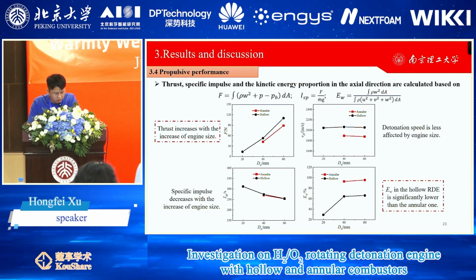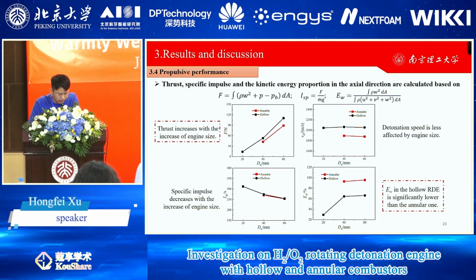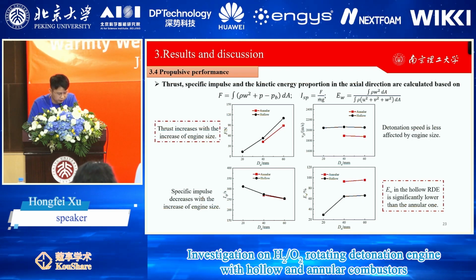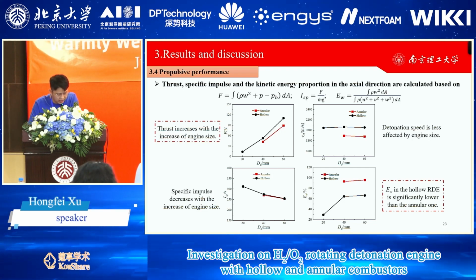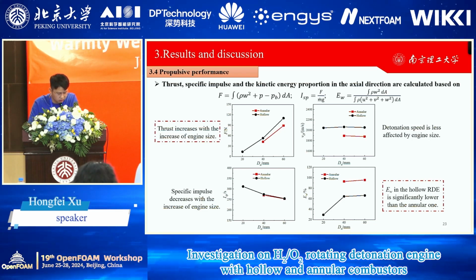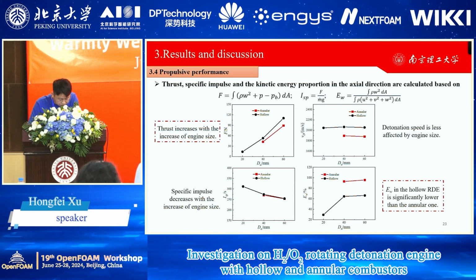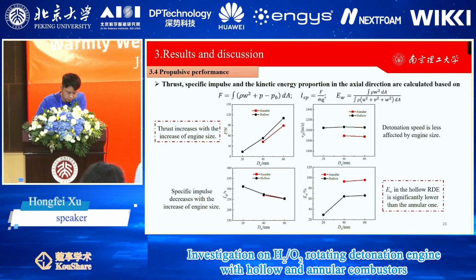The thrust of the hollow RDE is greater than the annular one, while the specific impulse of the two configurations is close. The detonation speed in the hollow RDE is higher than the annular one, but is less affected by angle size. The kinetic energy proportion in the axial direction in the hollow RDE is significantly lower than the annular one.